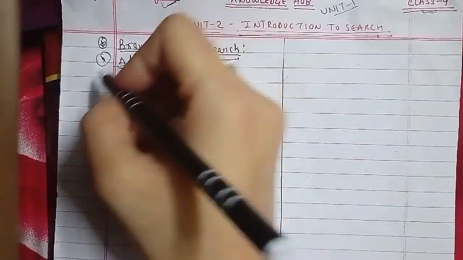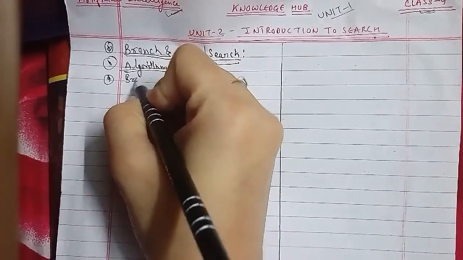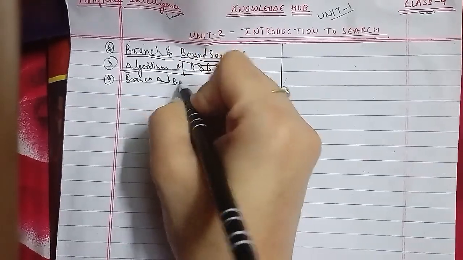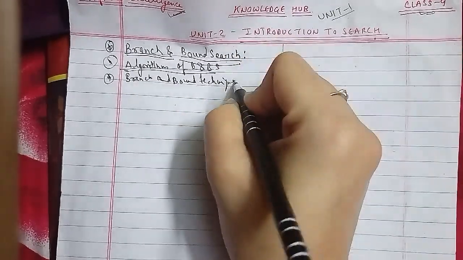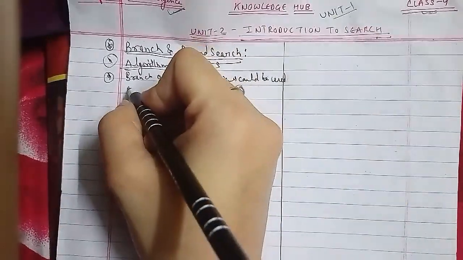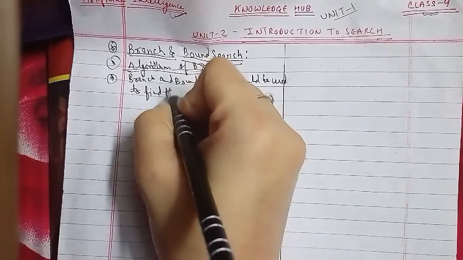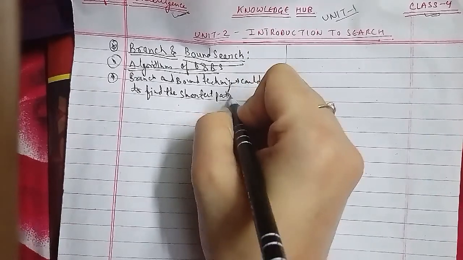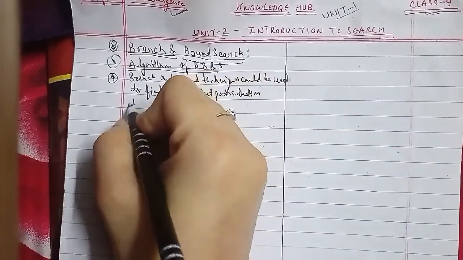Branch and bound technique could be used to find the shortest path solution through the traveling salesman problem. So that is what we have to discuss.